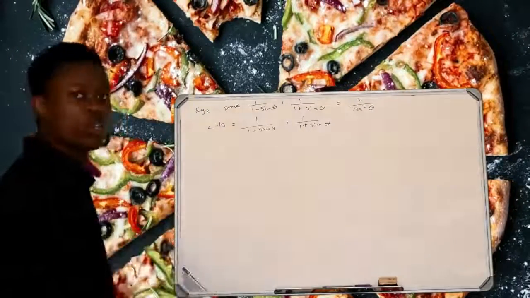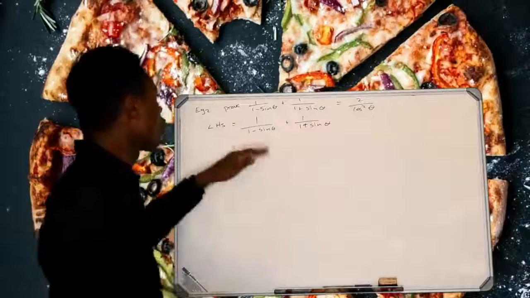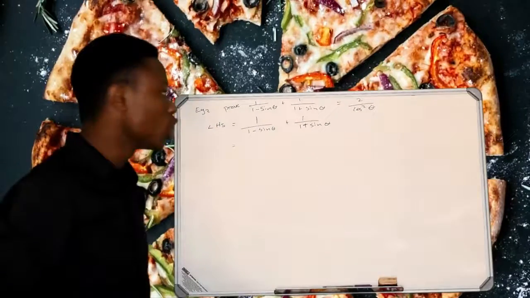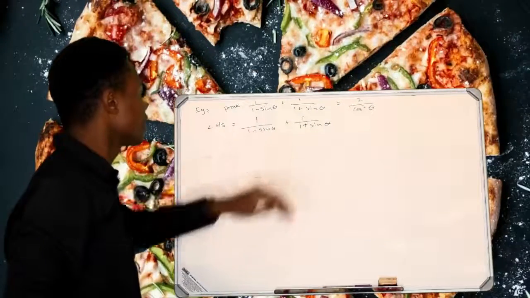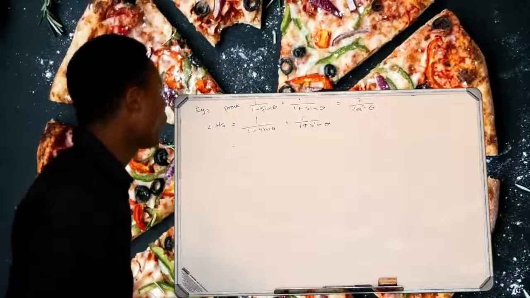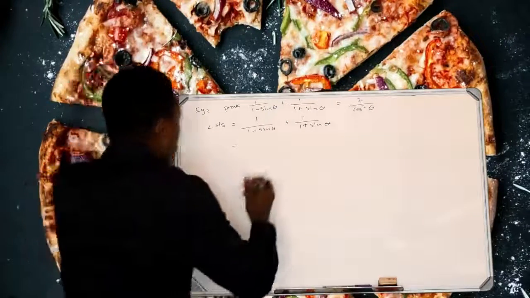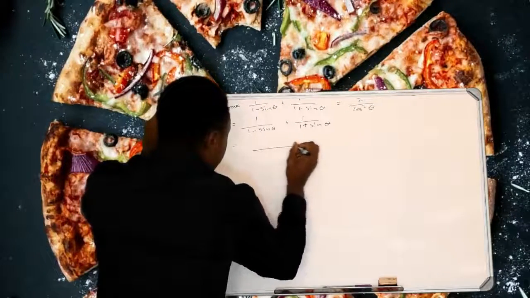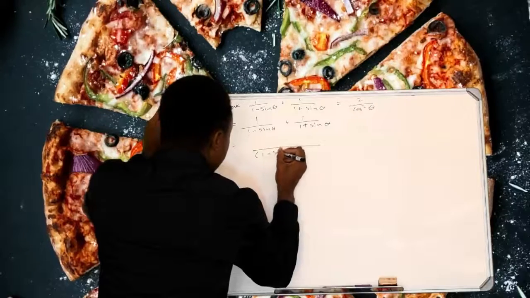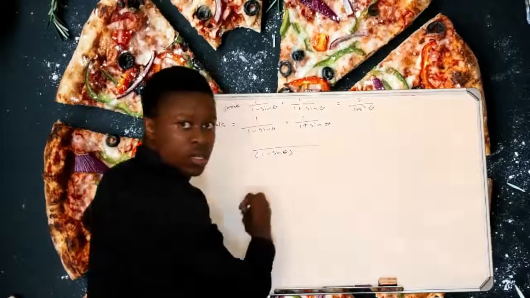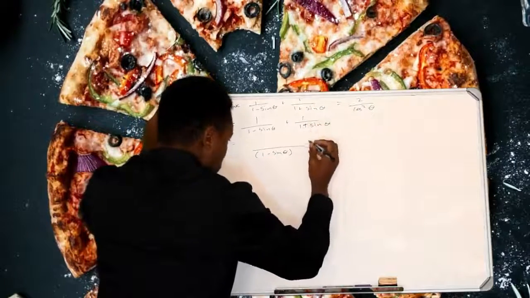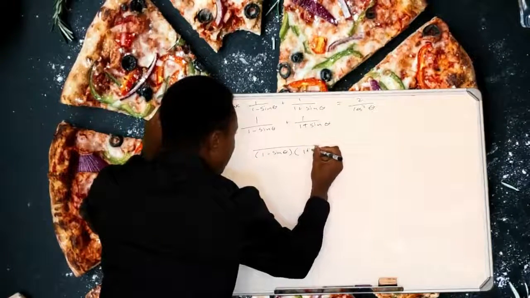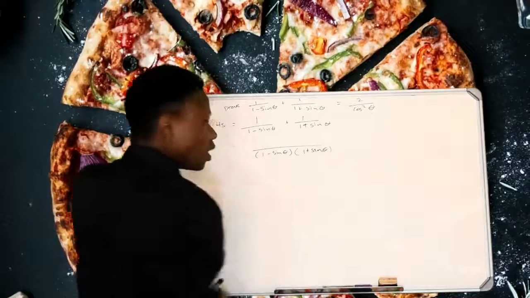From here, what I'll do is find the lowest common denominator, right? The lowest common denominator, what is it equal to? It's equal to 1 minus sine theta multiplied by 1 plus sine theta. So let me write that down. The common denominator will be 1 minus sine theta times 1 plus sine theta, right?